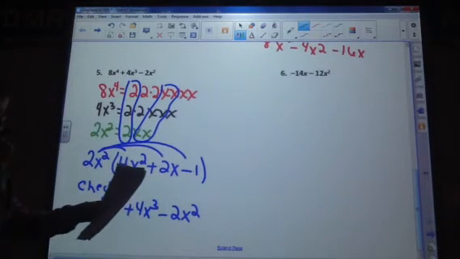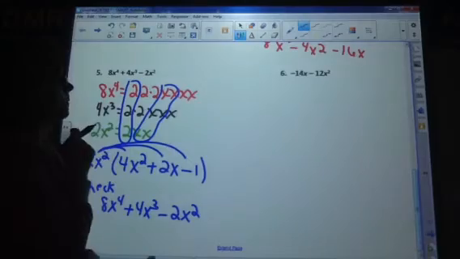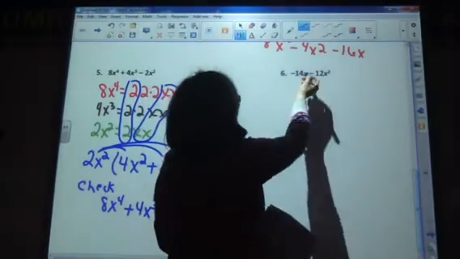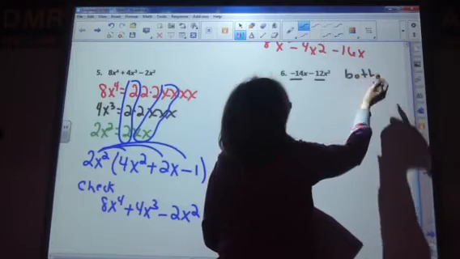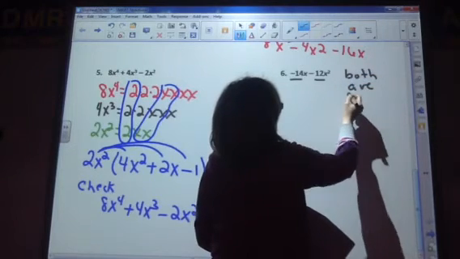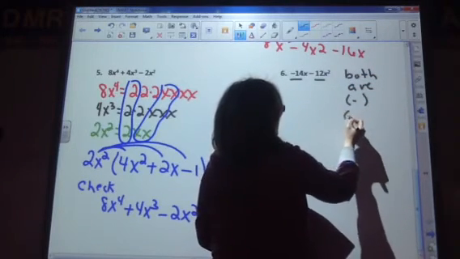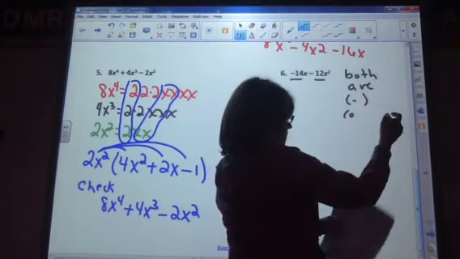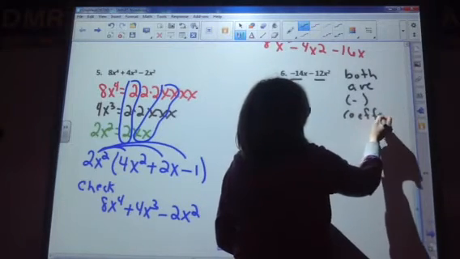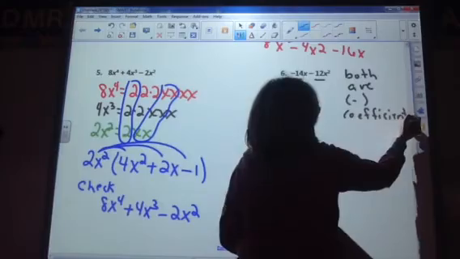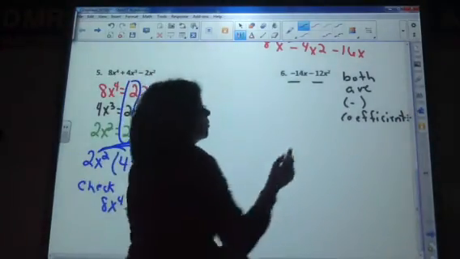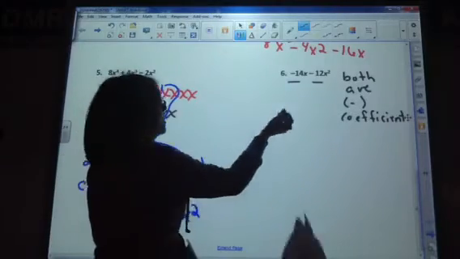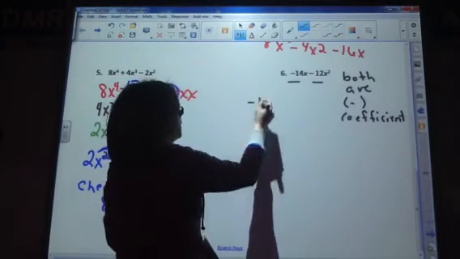Actually, guys, I need to explain something to you on 16. The reason why is because both of these coefficients are negative. So when you have two negative coefficients, what you need to do is go ahead and factor out that negative 1.